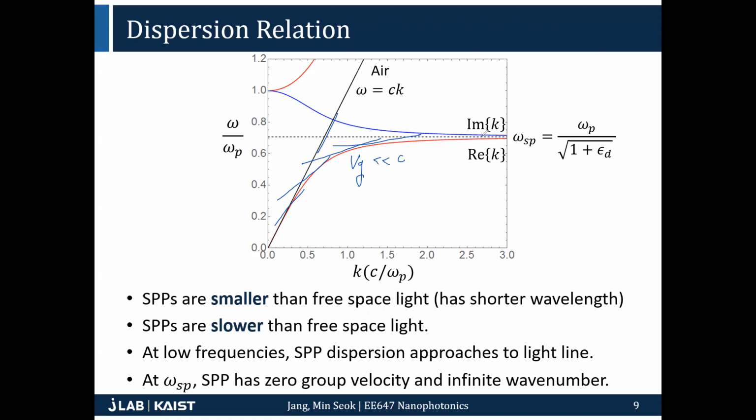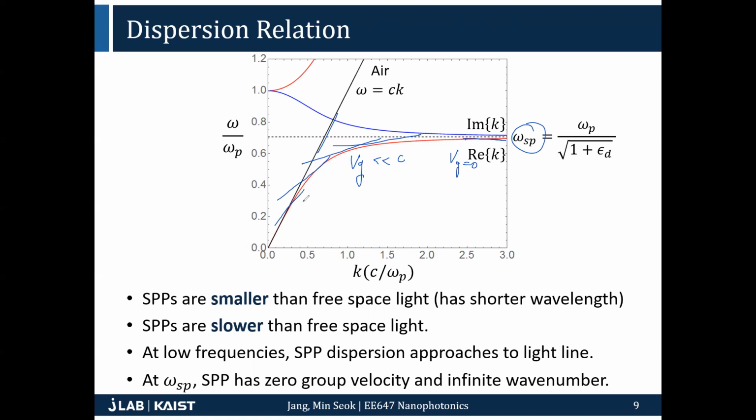And at the surface plasmon frequency, you can see the group velocity becomes 0, which means light basically stops at this condition, which sounds a little counterintuitive, but that's what this dispersion relation says.